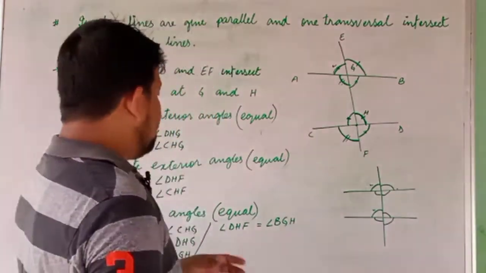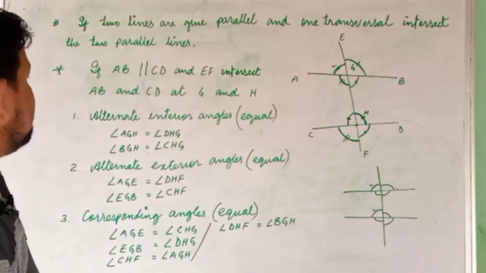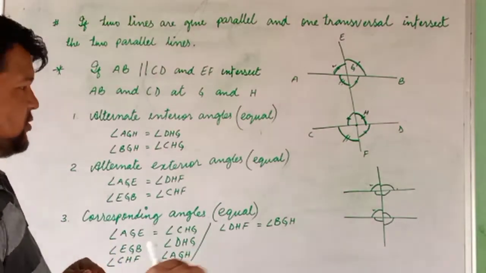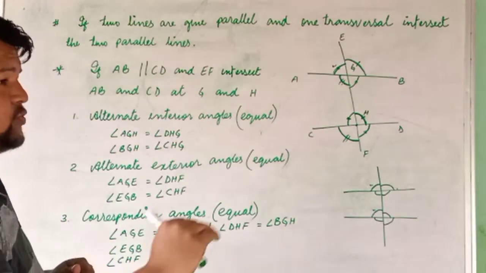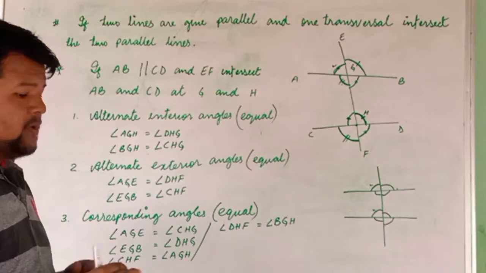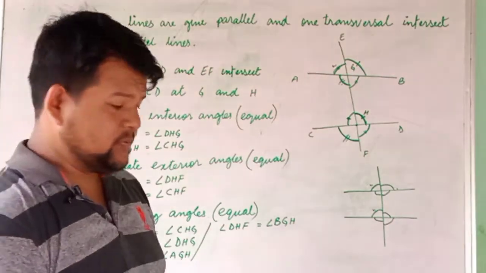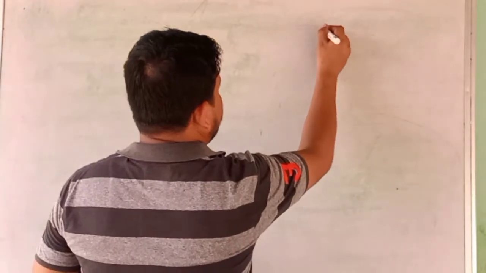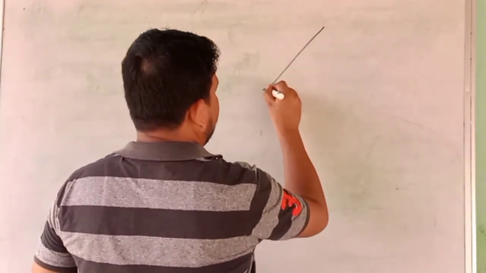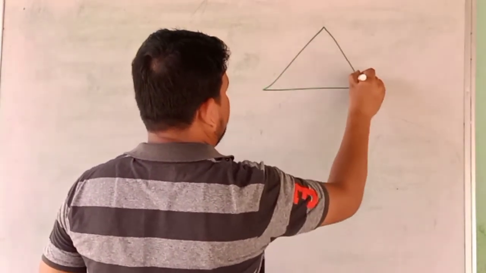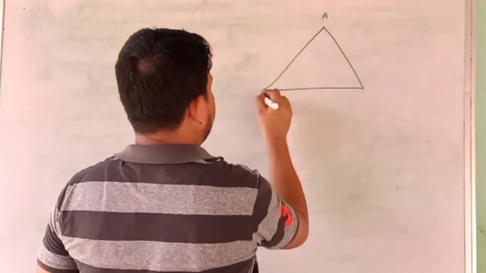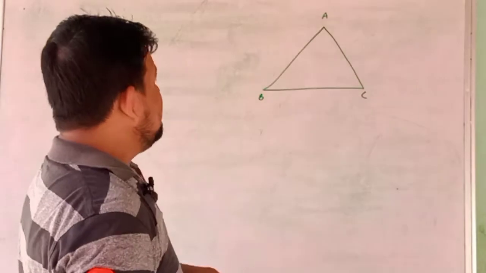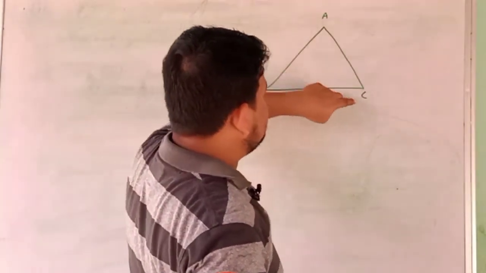Okay, let us learn one more property. If a triangle is given to us and one side of the triangle is produced to a point, then there is also a relationship. Let us try to understand that one now. For example, suppose ABC is any triangle.